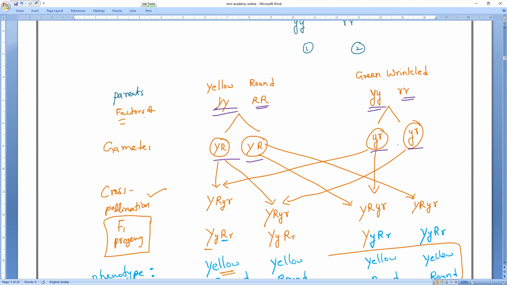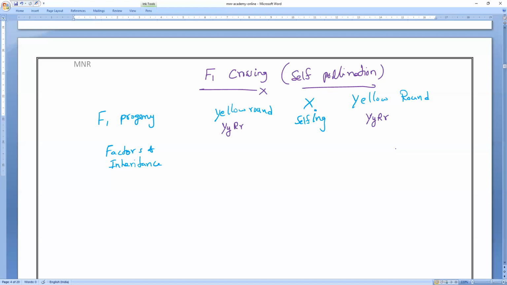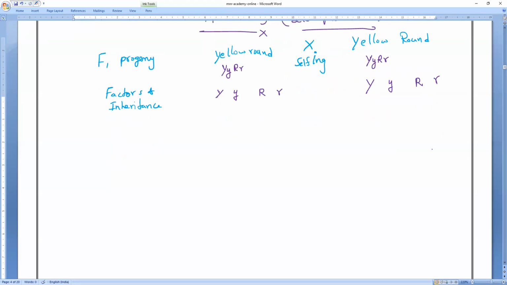Now we have pure homozygous plus heterozygous, both dominant and recessive genes together, so each one will form factors of inheritance. Factors of inheritance are capital Y, small y, capital R, small r. Next, capital Y, small y, capital R, small r. So this much inheritance will be there.